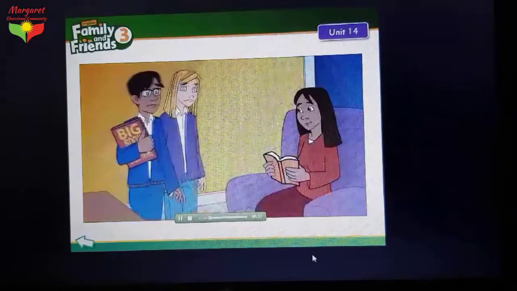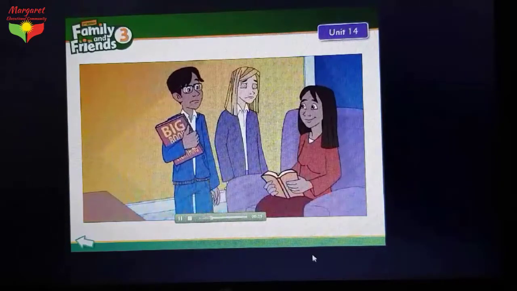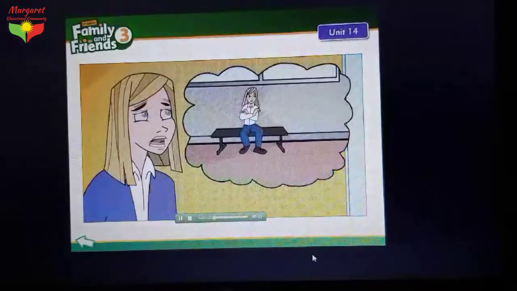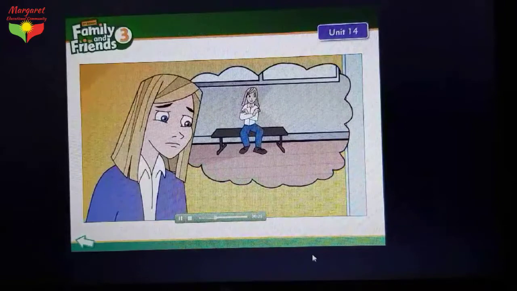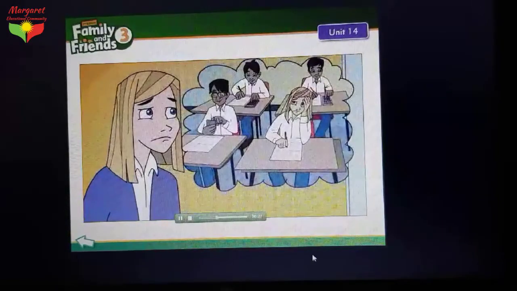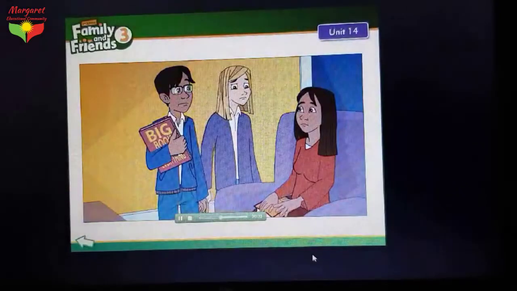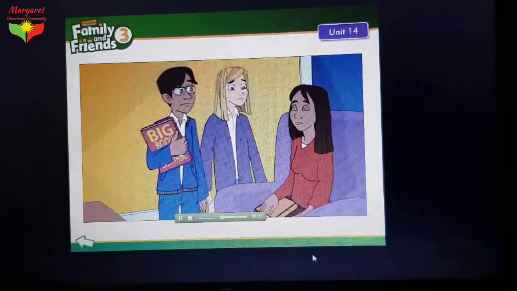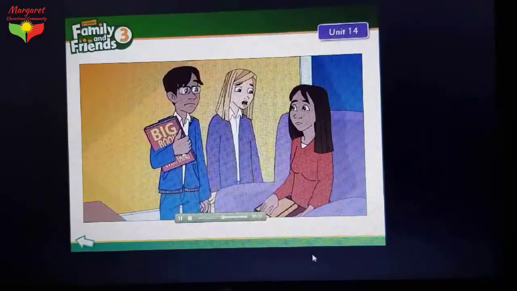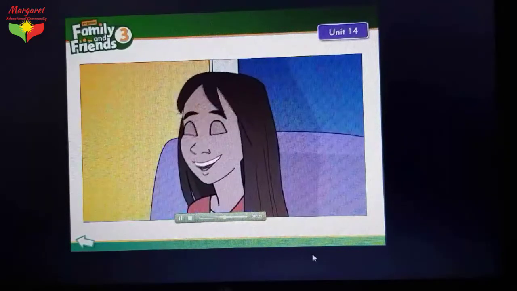Did you have a good day? No. First we had PE, but I didn't have my PE kit. Next, we had maths, but I didn't have my calculator. Then we had lunch, but I didn't have my lunchbox. What did you eat?